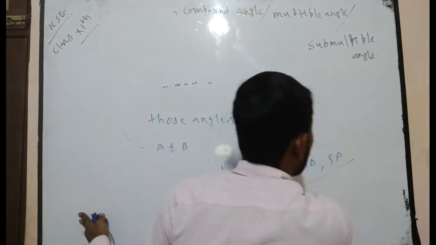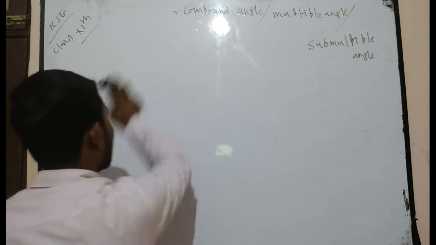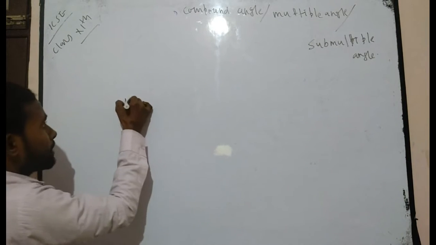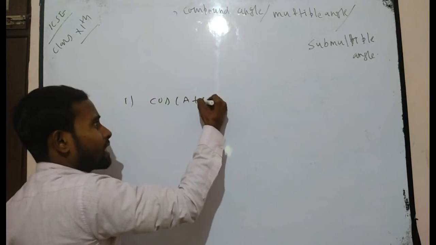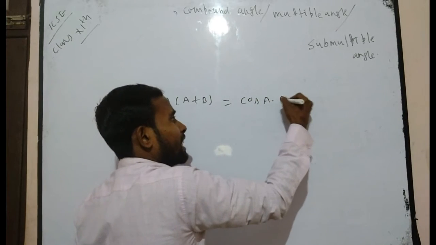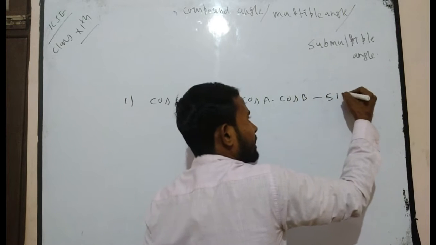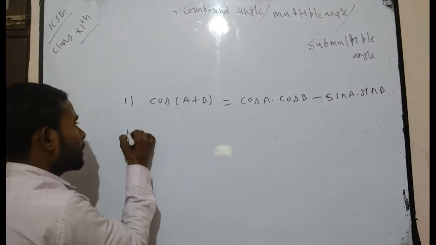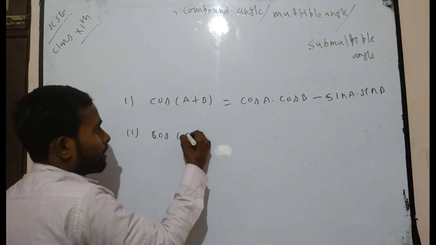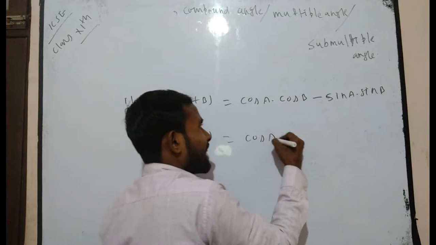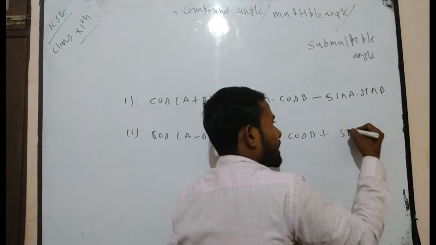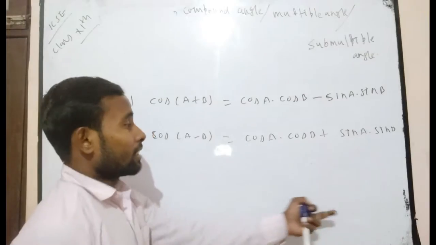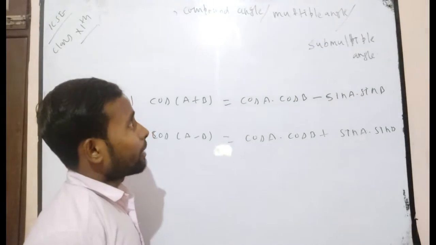First of all, as you know that in the previous class I have proved the first formula, that means cos A plus B is equal to cos A into cos B minus sin A into sin B. Another formula, cos A minus B is equal to cos A into cos B plus sin A into sin B. You have to remember all this formula, because if you do not remember, then you can't solve any problem of compound angle and multiple and some multiple angle.